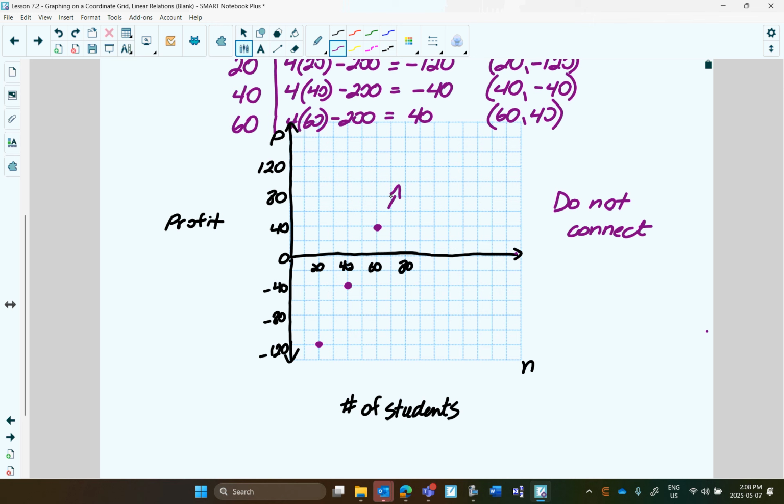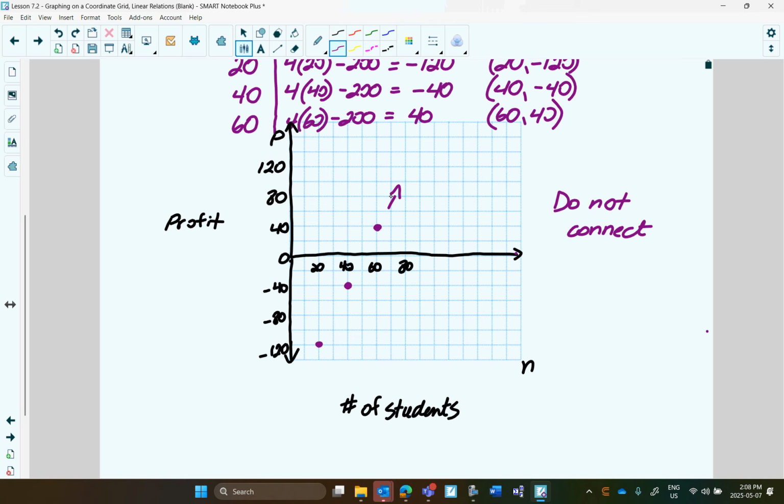Now, the last question. How many students have to attend to make a profit? 60? Well, 60 will give you a profit, right? Could fewer attend and still make a profit? No. Really? Yeah. What if 50 attended? What would be the profit if 50 attended?